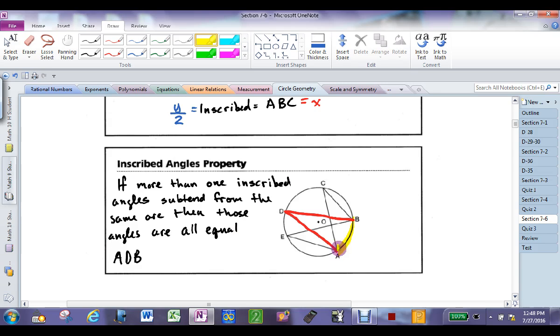So, we have an arc, AB. Now give me another angle that comes from AB. AEB, correct? Everyone agrees? And give me the third angle that subtends from that arc.